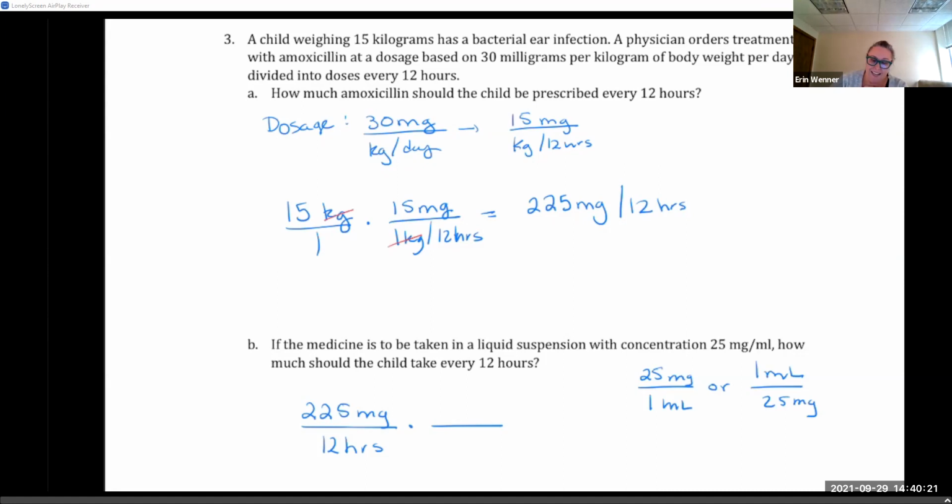So I'm going to use the second fraction, putting 1 milliliter over 25 milligrams. 225 divided by 25 gives me 9 milliliters per 12 hours. So again, we're always asking ourselves, what am I trying to get rid of? Whatever I'm trying to get rid of is what needs to go in the bottom.